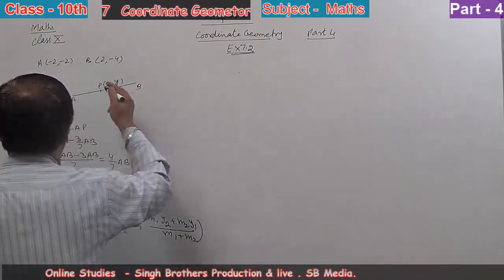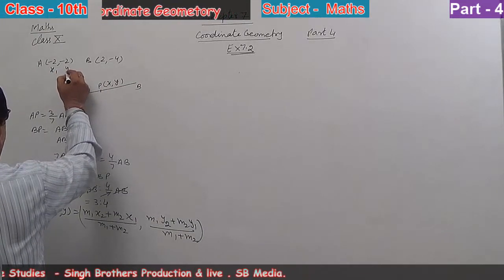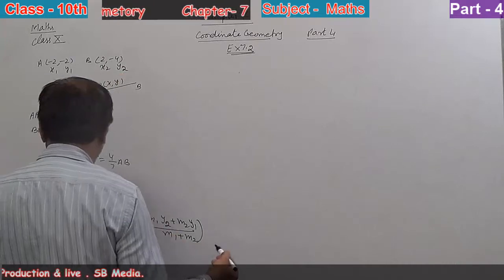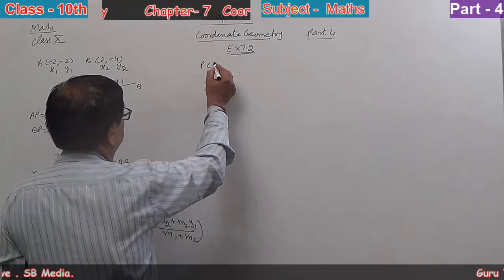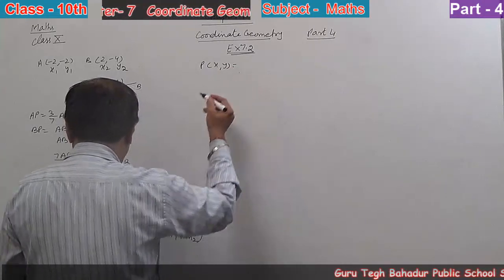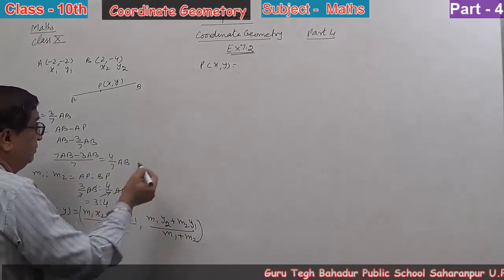So this is x1 y1, x2 y2, putting in the values. P(x, y), m1 and m2 are 3 and 4.